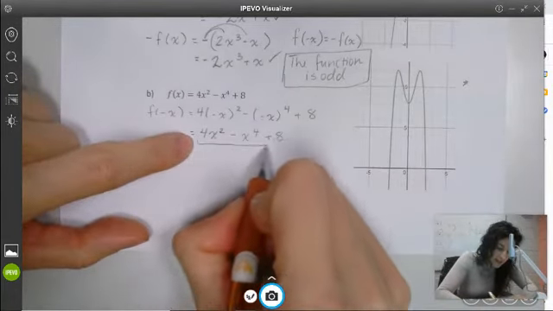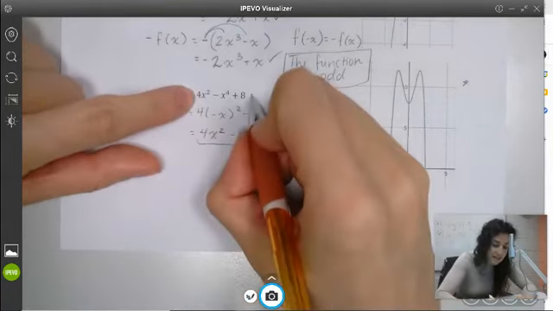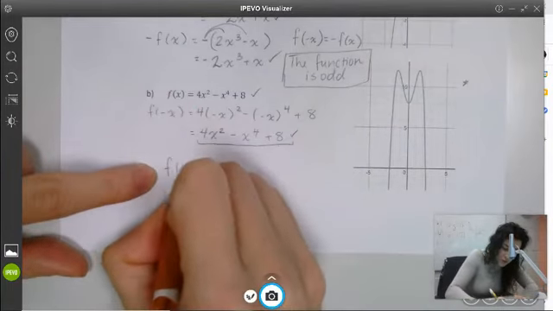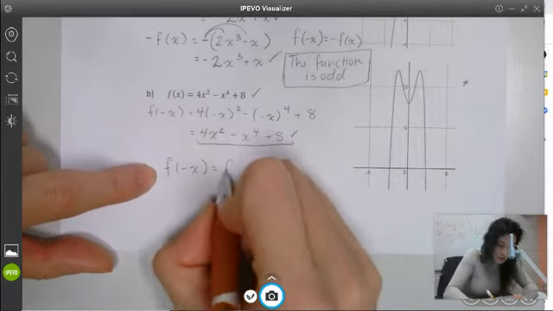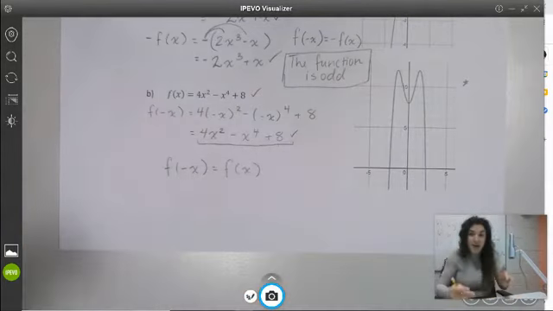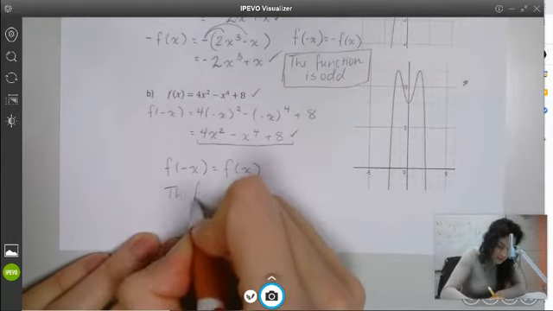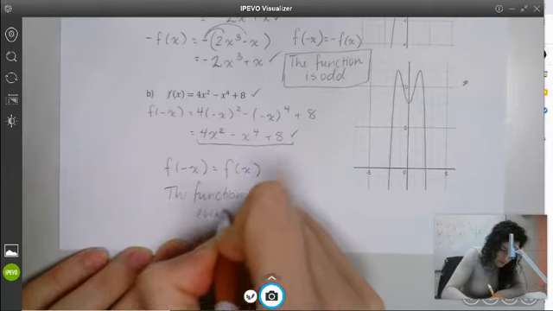What we've gotten here is 4x squared minus x to the 4th plus 8, which is the exact same as our original function, which means that we've just shown that f of negative x is equal to just your original f of x. It's equal to the original function, and so the function is even.